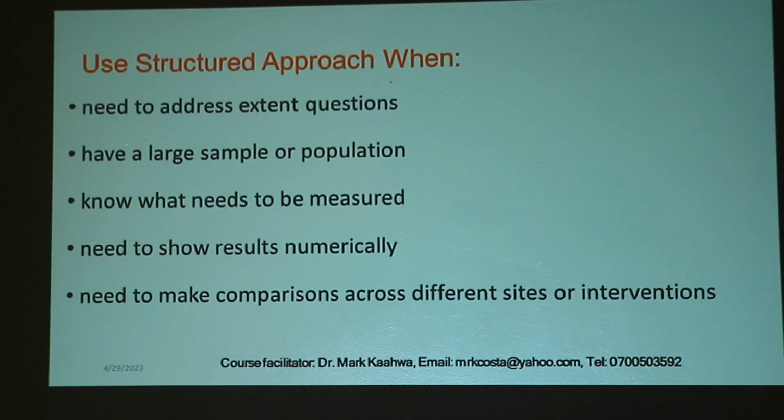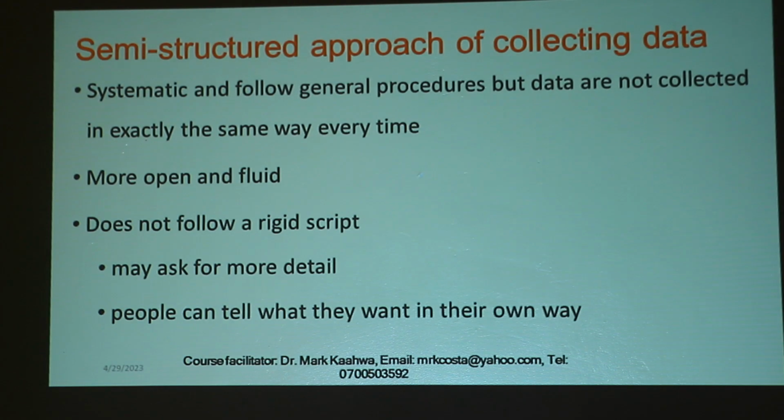And so on and so forth. But these are not the methods that we are using now. Now, when do you use a structured approach? You use it when you need to address extent questions, have a larger sample or population, know what needs to be measured, need to show results numerically, and need to make comparisons across different sites or interventions.